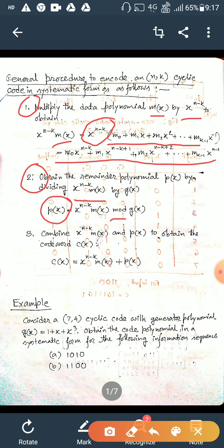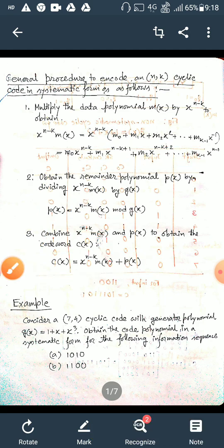If you assemble the step number 1 value and the step number 2 value, or combine these two, then at step number 3 you get the code word polynomial. So the code word polynomial will be represented as such. These are the steps you should follow for forming the systematic form of cyclic code.